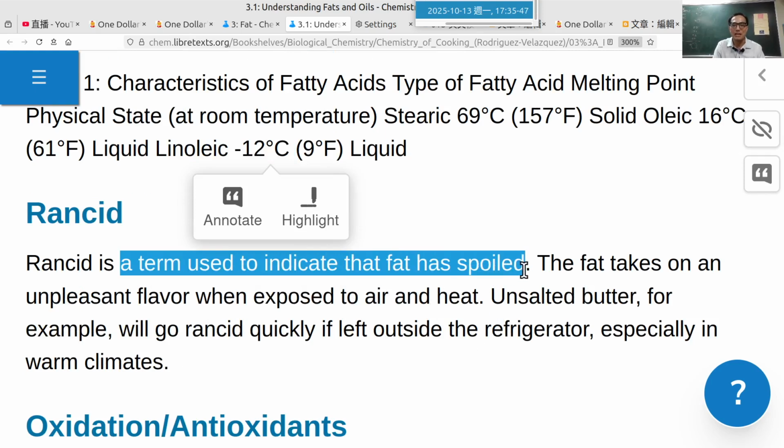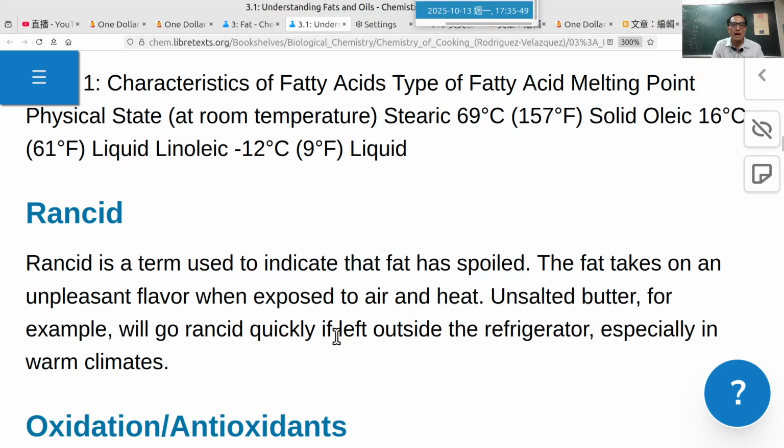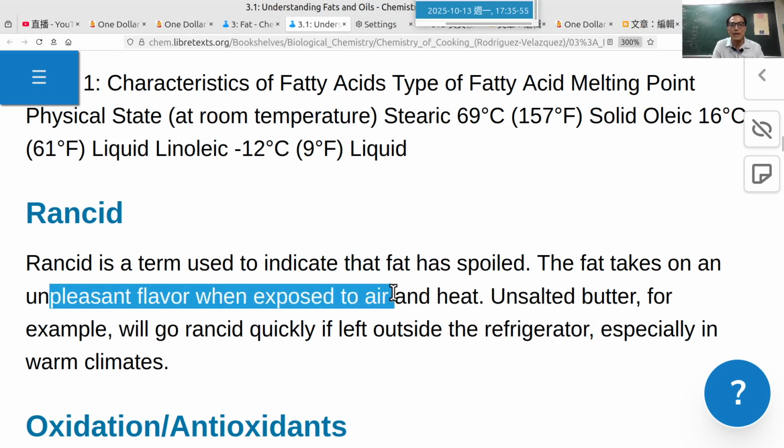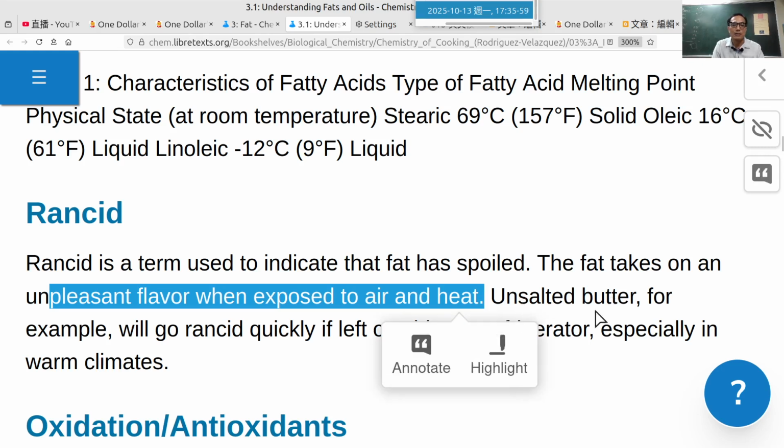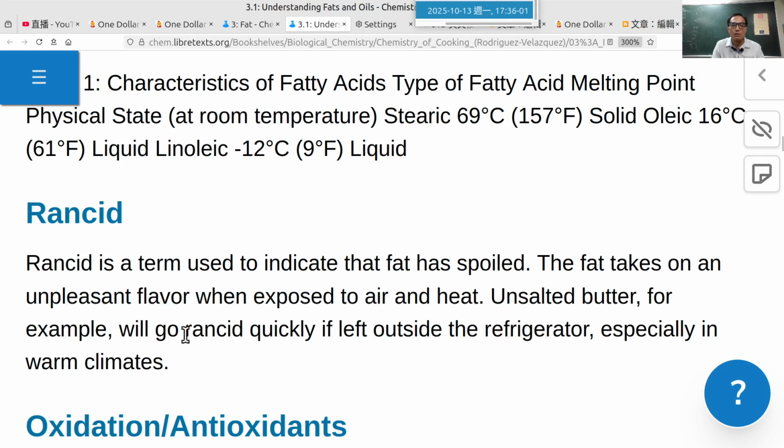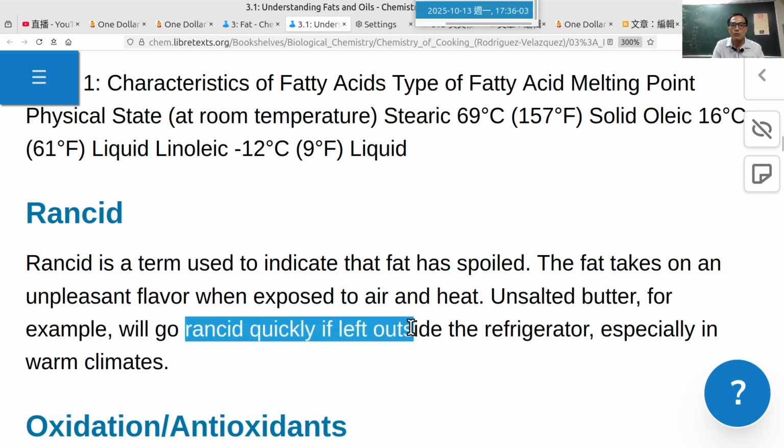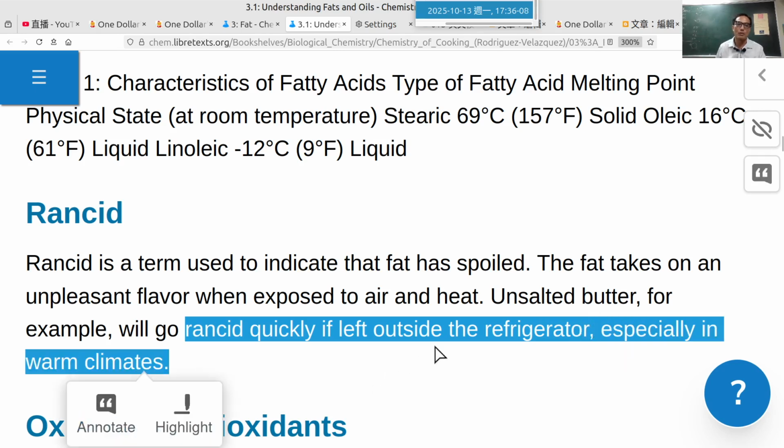The fat takes on an unpleasant flavor when exposed to the air and heat and water. Unsalted butter, for example, will go rancid quickly if left outside of the refrigerator, especially in warm climate. So it means the fat is spoiled.